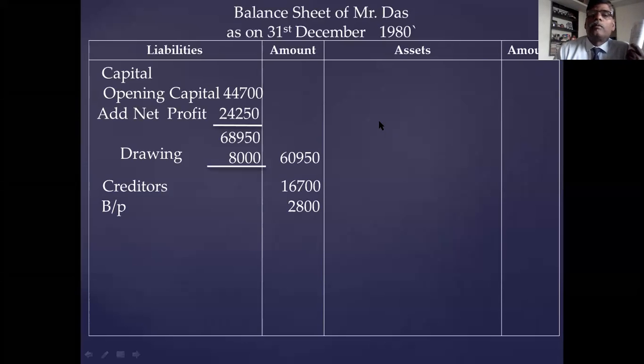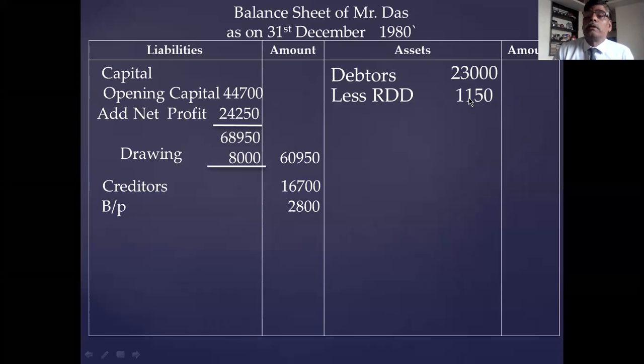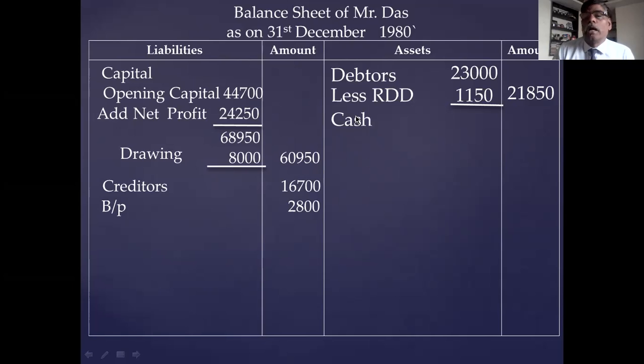Next, liability side completed. Go to the asset side. Debtors is the first. You take debtors in the inner column, 23,000. Less RDD 1,150. You deduct RDD. Balance is 21,850. Okay. Next you take the cash account. Cash balance you take from the cash book given in the problem.